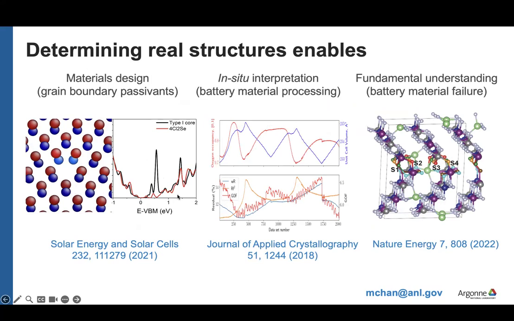You have a defect in the material. It causes mid-gap states that cause recombination and lower your lifetime and therefore device performance. How do you fix it? We can include grain boundary passivants: just take different atoms in your structural model, do the calculation, look at the electronic density of states, and see what decreases the mid-gap states most. And this is a way of doing materials design.